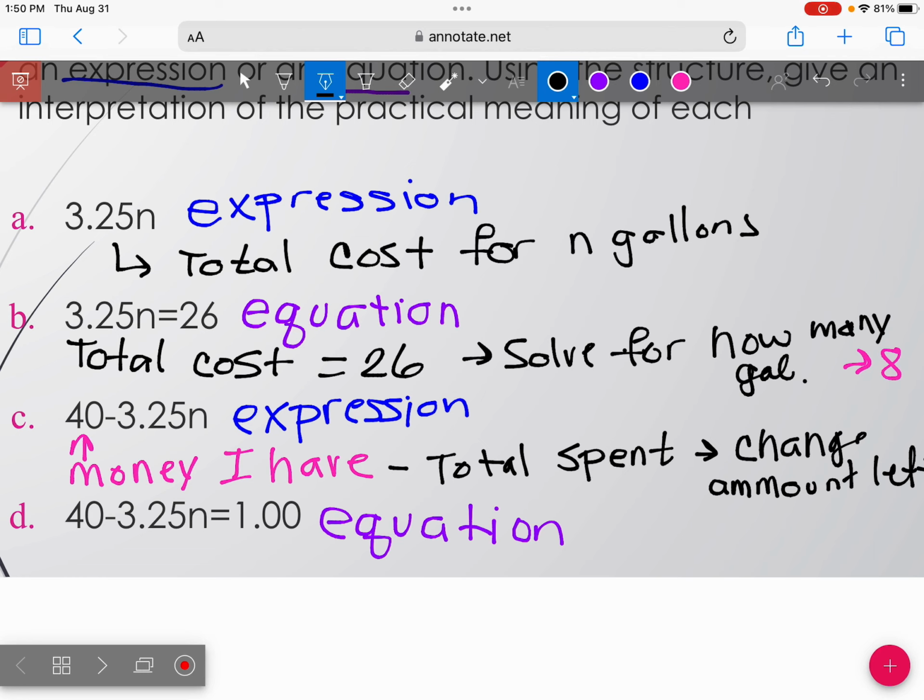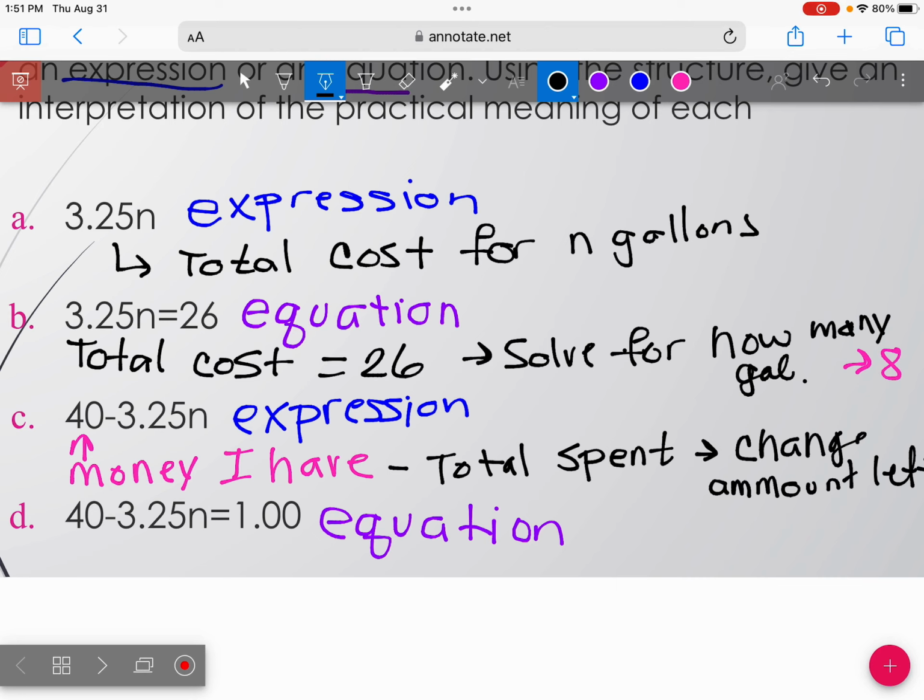It's this piece. When is this piece going to equal this? So it's when however much money I spend is going to leave me with $1. So let's say it's a gift card to Speedway. If I have $40 on my gift card, I want to have $1 left because I need to buy a lottery scratcher.